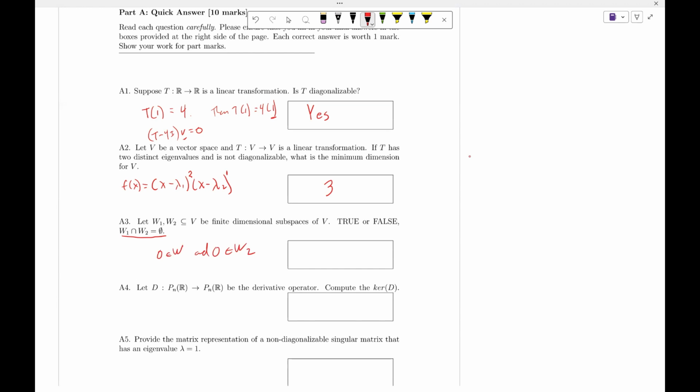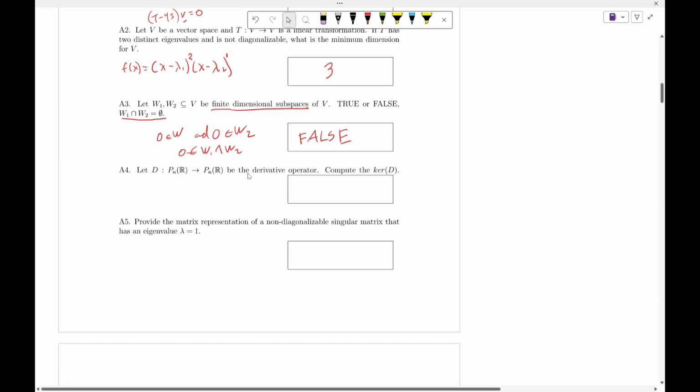Thus 0 must be in the intersection of W1 with W2, so it's not the empty set, so this is false. The finite dimensional condition isn't really needed, it's kind of a red herring.